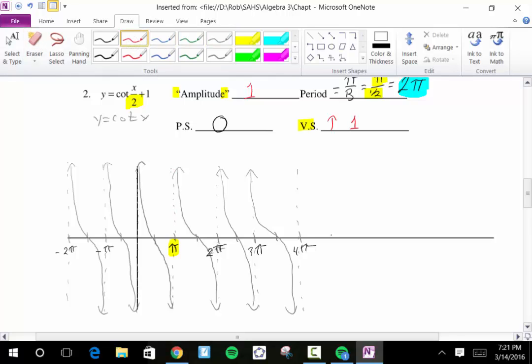Instead of this vertical asymptote being at pi, now it's here at 2 pi. See it? And instead of this x-intercept right here being at pi over 2, it's now going to be at pi. So notice that this kind of got shifted over from here to there. So let's draw the new one.